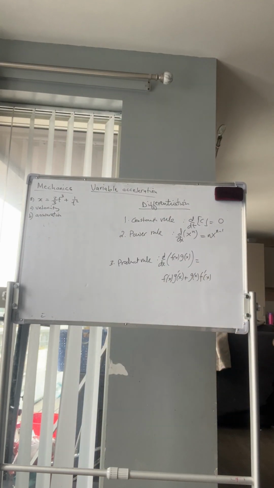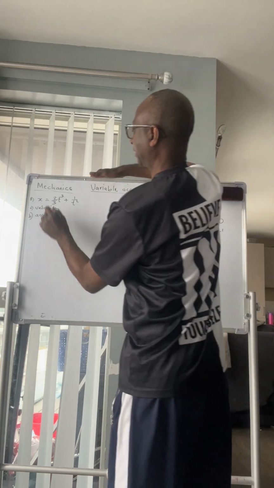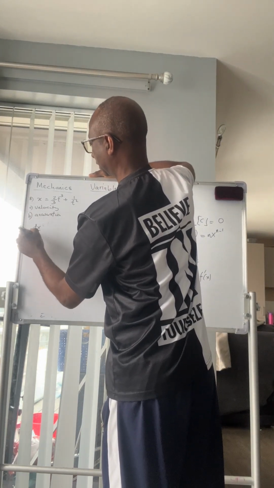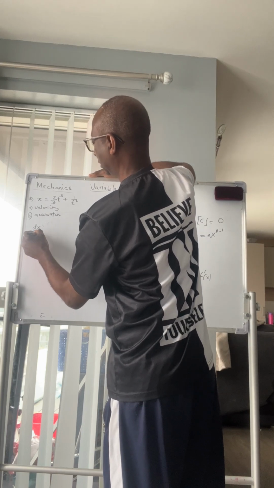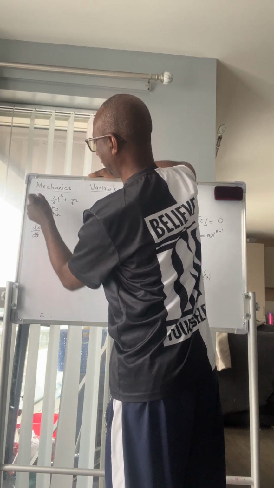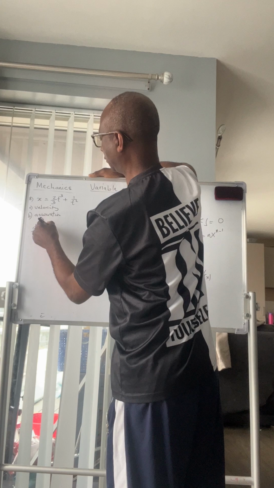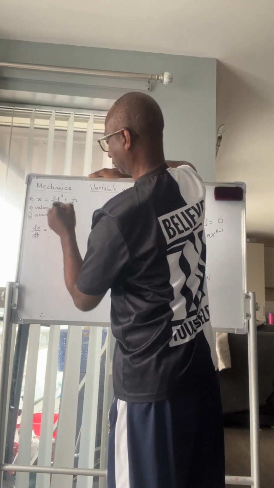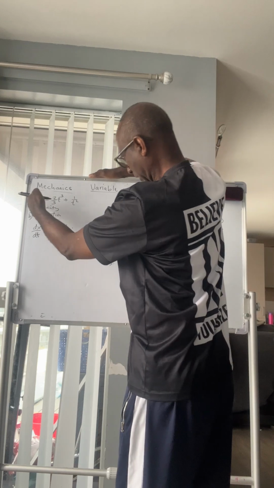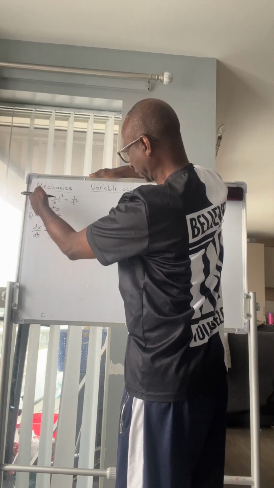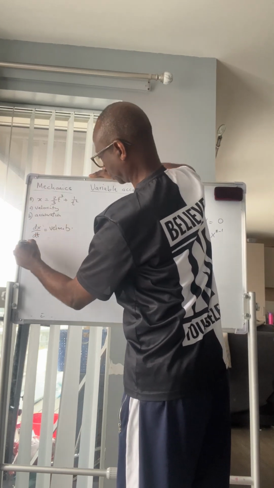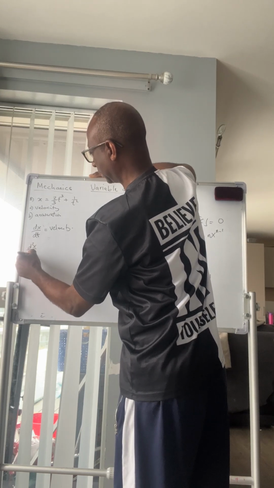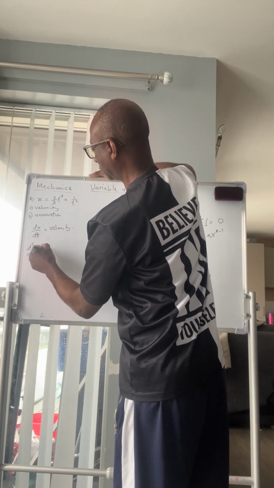What did we say? If the displacement is given as x here, so therefore you have dx by dt. When you differentiate the displacement, this will give you velocity. If you differentiate displacement twice, that is d2x by dt squared, this will give you acceleration.